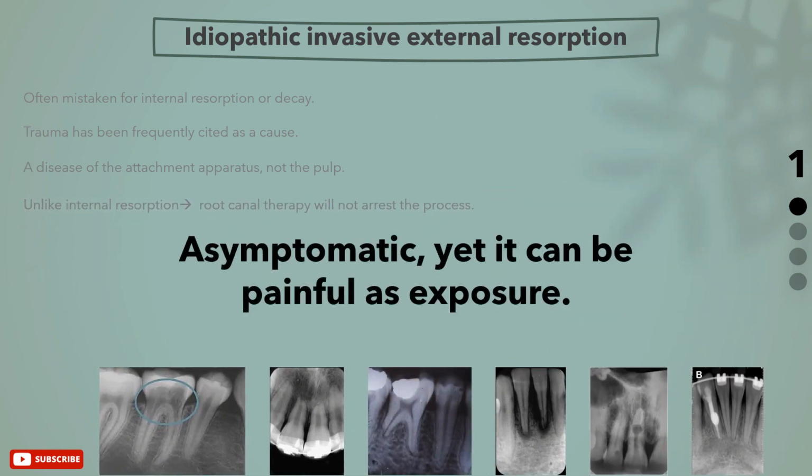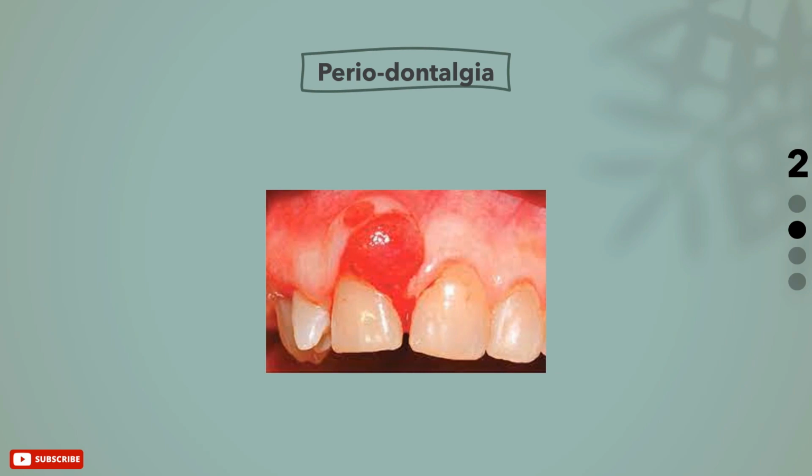External root resorption is usually asymptomatic, yet it can sometimes be painful, as much as pulpal exposure, when it perforates into the pulp chamber. Number 2. Periodontalgia.